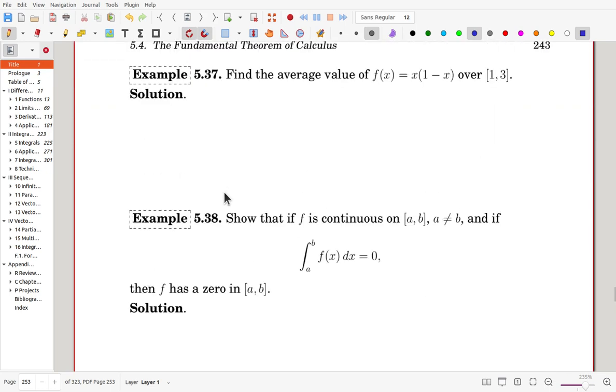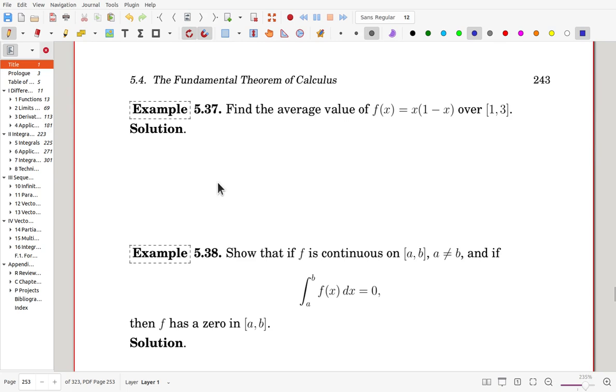Here we want to find the average value of f of x, given as x times 1 minus x, over 1 and 3. So first we have to get the integral from 1 to 3 of f of x dx.